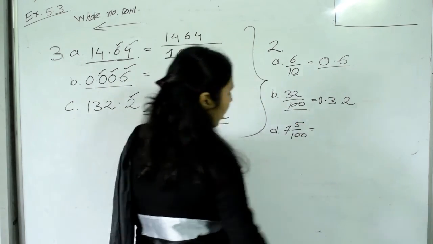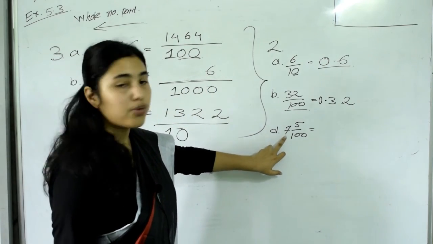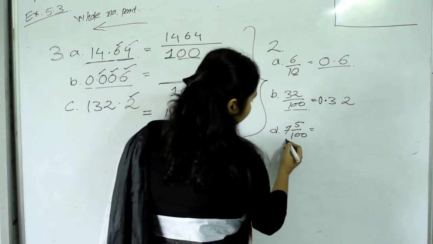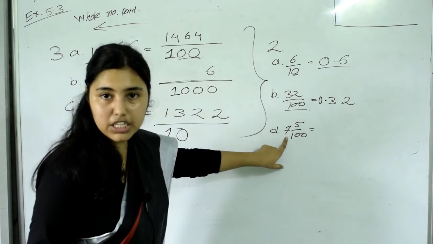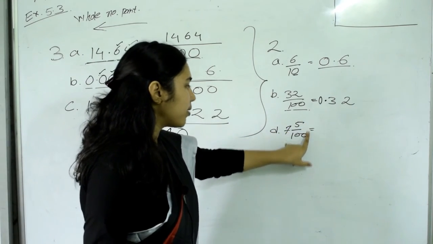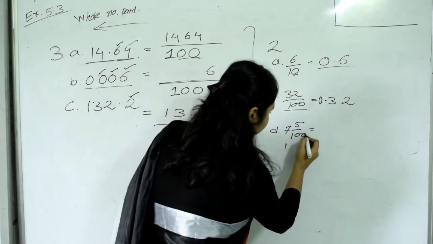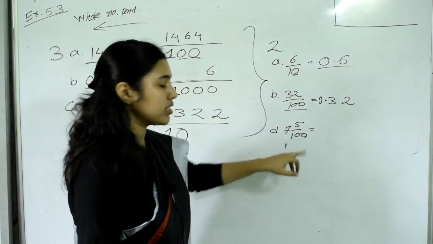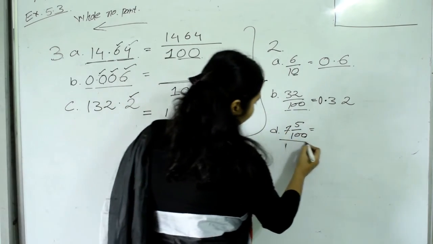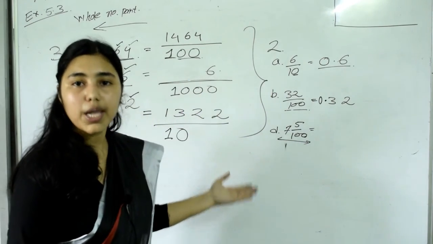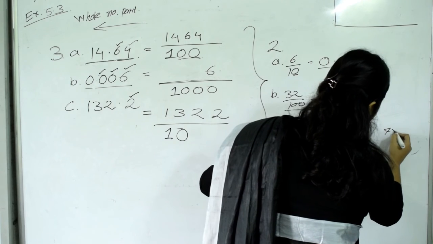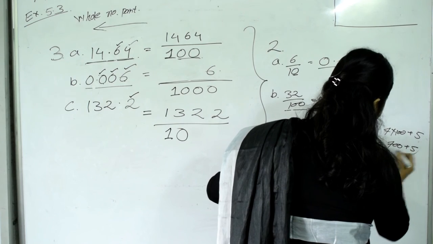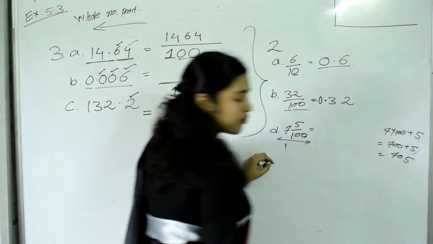Next, this is a mixed fraction, right? Combination of one whole number and a proper fraction. Here 5 is less than 100, which means 5 by 100 is a proper fraction. Now first convert this mixed fraction into an improper fraction. So 7 into 100 plus 5 is equal to 700 plus 5, 705, right?